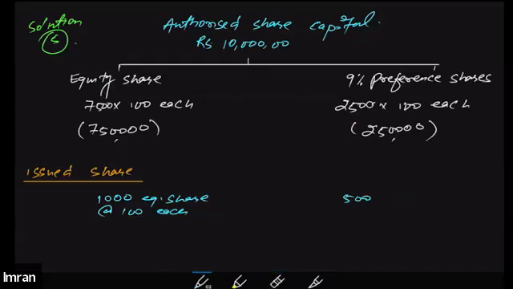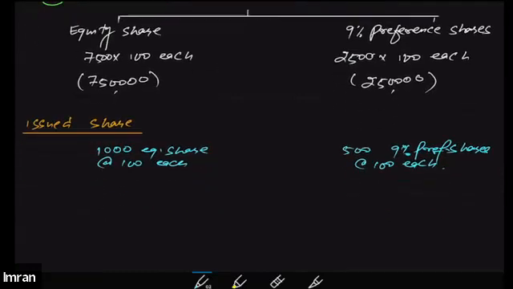So what is 9%? 9% is the name of the preference shares. So both the types of shares have been issued at par, at face value.